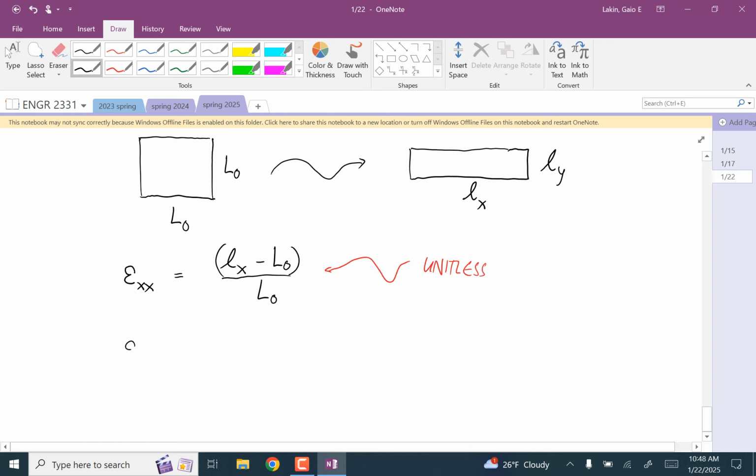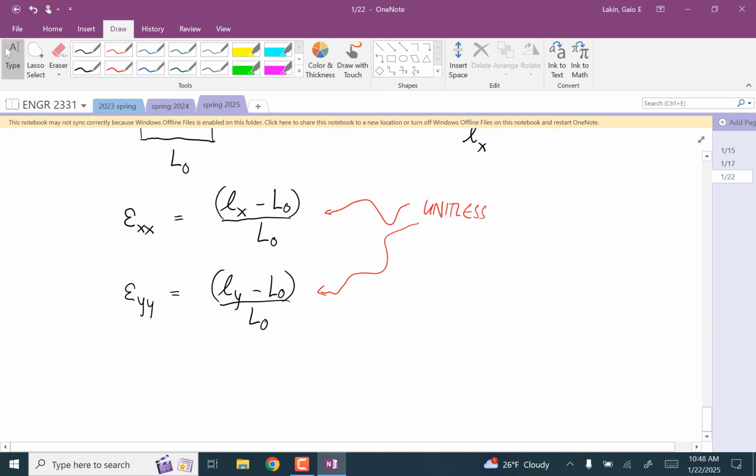And epsilon YY, the normal strain in the y direction, is Ly minus L0 divided by L0, unitless. And in this figure, this is a two-dimensional drawing, so you don't see any deformation in Z, but you could imagine that being defined just the same way. Epsilon ZZ is equal to Lz minus L0 divided by L0.